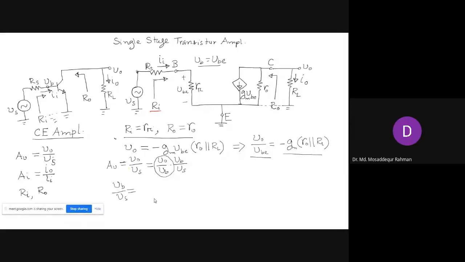And what you will get? R pi by R pi plus RS into VS. Okay, so you apply voltage division rule to determine VB by VS. That is the obvious choice, and you get the straightforward answer. VB by VS is the ratio of the resistances, R pi divided by R pi plus RS.